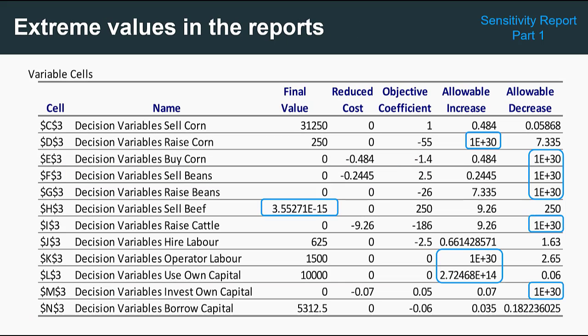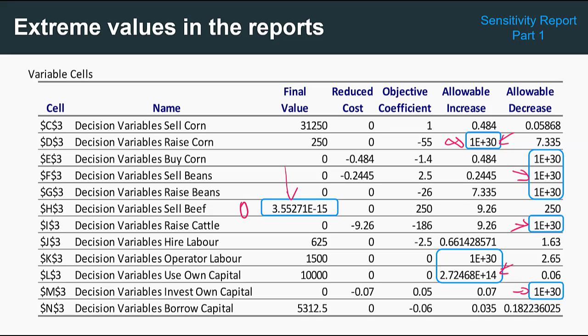I do want to explain here a little bit more. This is specific to Excel, the extreme values in the reports. I don't know if you guys pay attention when you see these weird numbers there. What are those numbers? What I want to explain is that this number is actually 0, and that number is actually infinity.